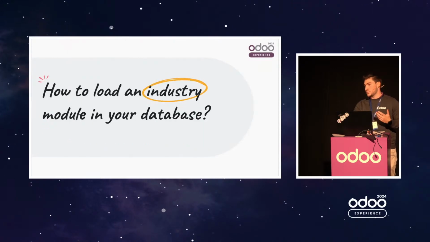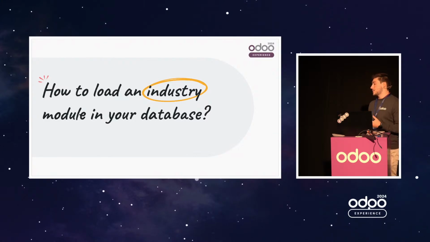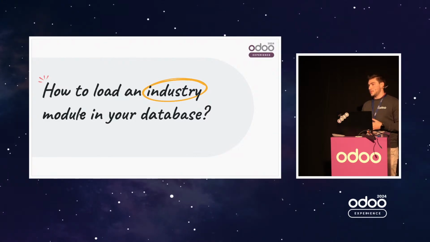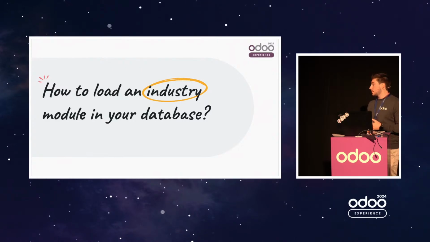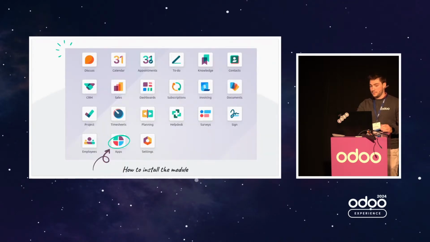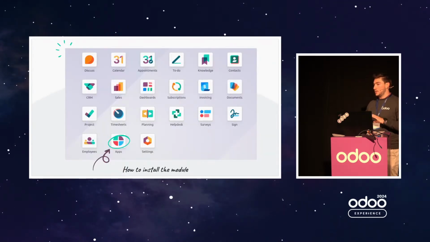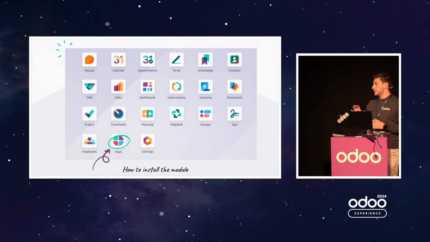So the first question that you might have is how to load an industry module in your database, because when you connect to your database, you might not know that it is a possibility. Well, it is very easy. First, you make a trial, and then you arrive in your Odoo dashboard where you can see all the applications on your database.